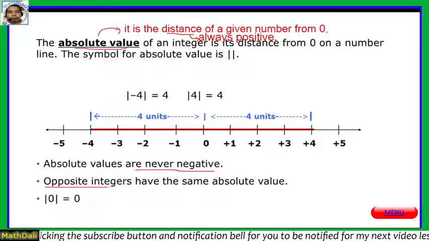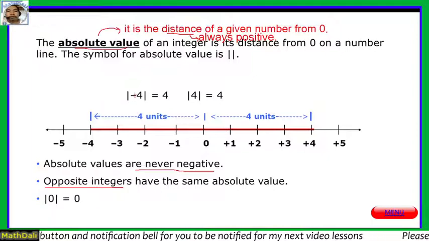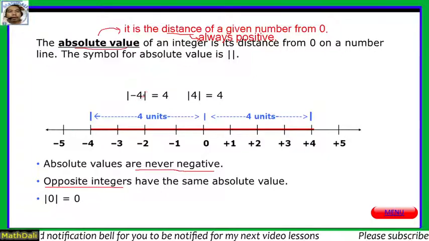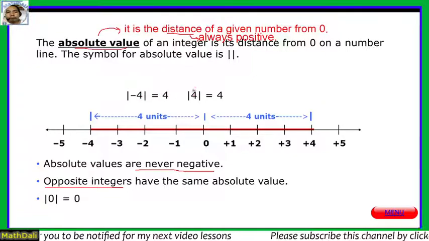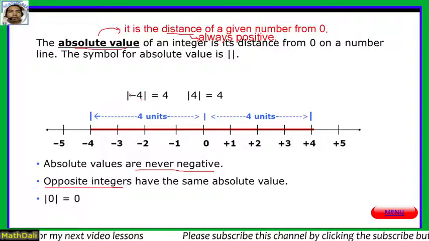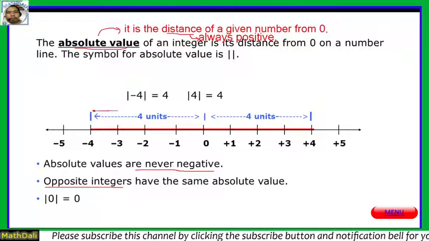What do you mean by this? Okay, consider natin dito yung example natin dun sa number line. Meron tayong absolute value ng negative 4 that is equal to 4 and absolute value of positive 4 is equal to 4. When we say absolute value of negative 4, that is the distance of that negative 4 from 0.